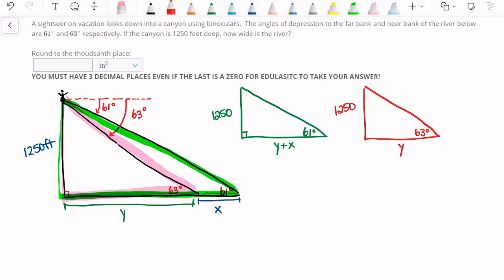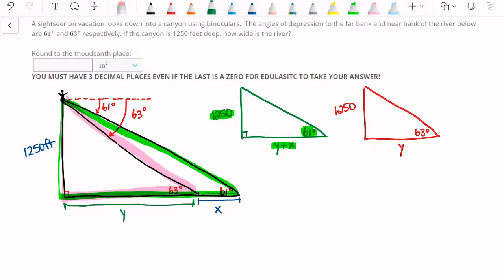So we can set up 2 relationships using these triangles. And again, we're going to see tangent used a lot. I've got my angle, I've got the opposite and the adjacent sides, or at least respectively, those are the things I know about these triangles.